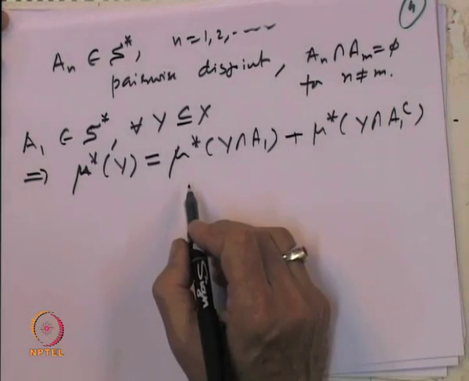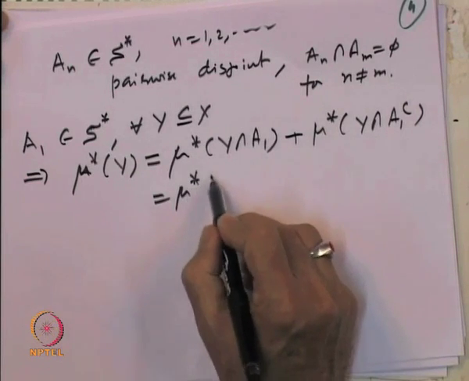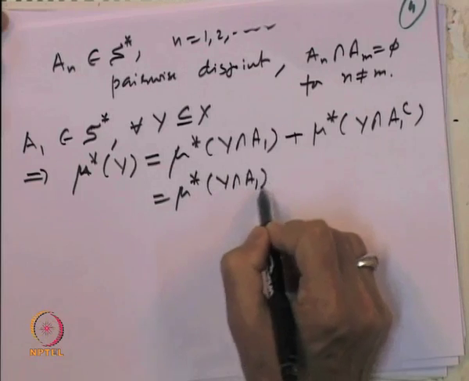And now, use the fact that A 2 is measurable. So, leave the first term as it is, y intersection A 1.